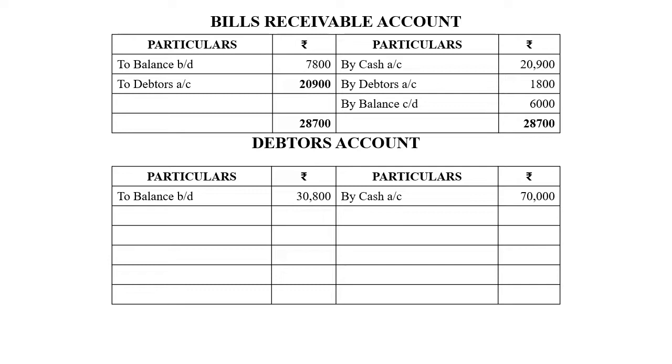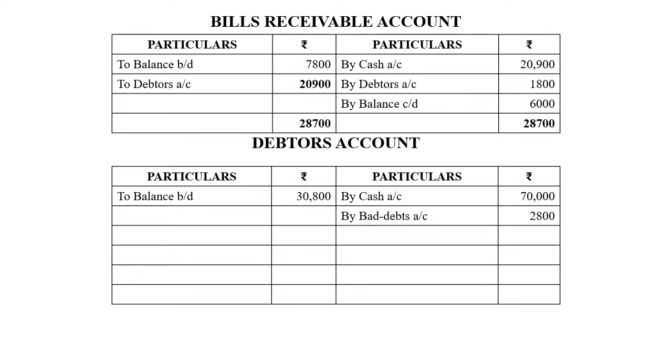Next, bad debts written off. So the journal entry is bad debts account debit to debtors account. In debtors account it is by bad debts account 2,800. Next, return inward.